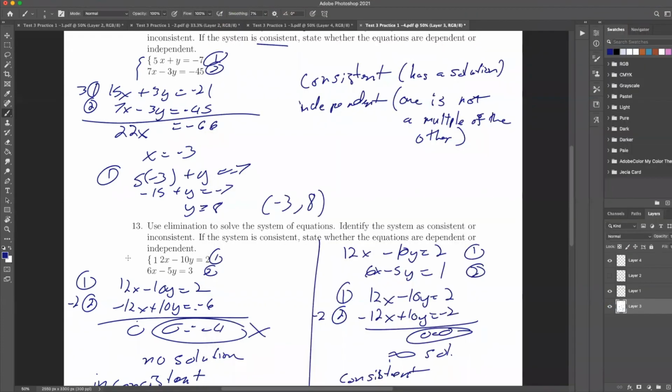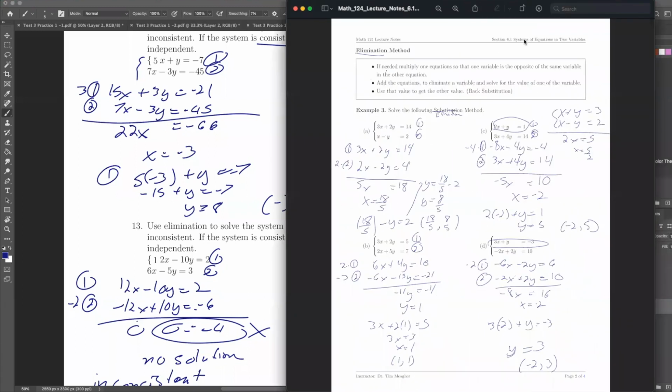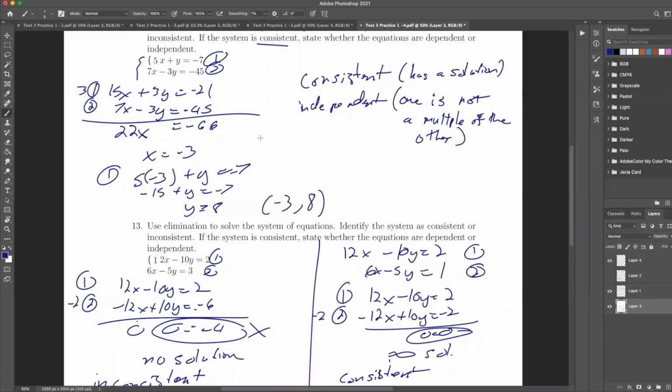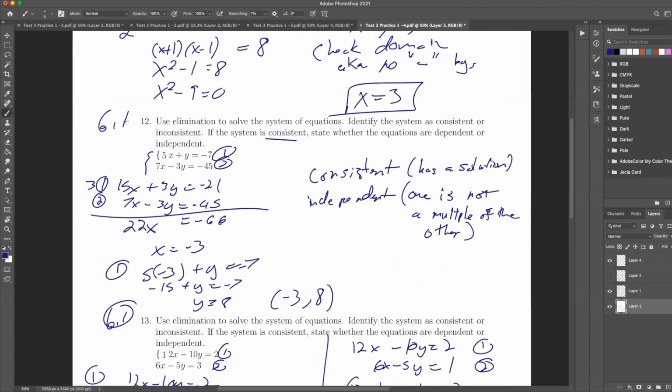All right. So see if I can pull this out real quick. So I'm pretty sure that, all right, these two are section 6.1. Okay, so I'm just going to put 6.1.